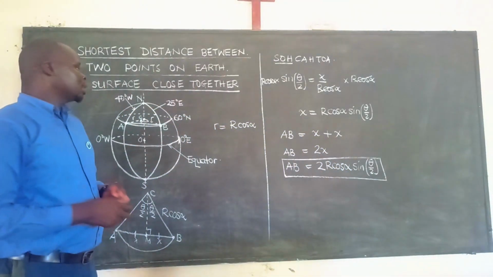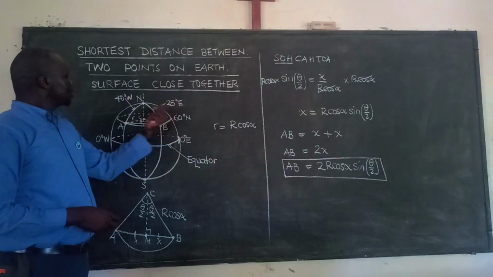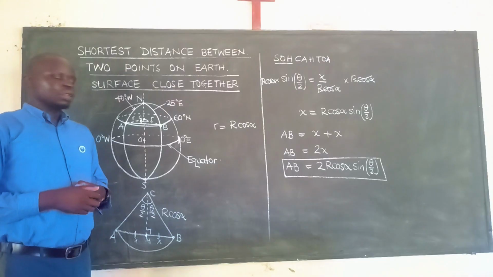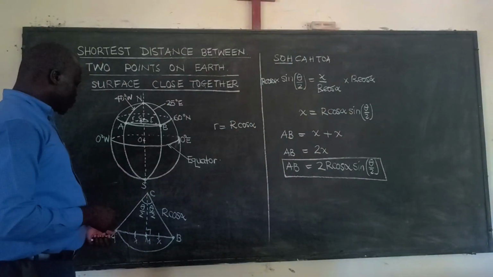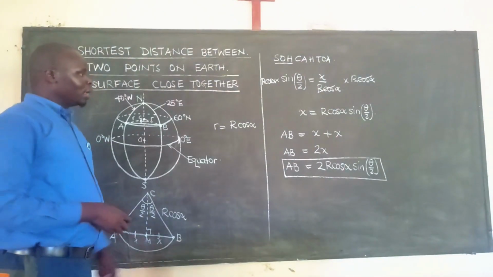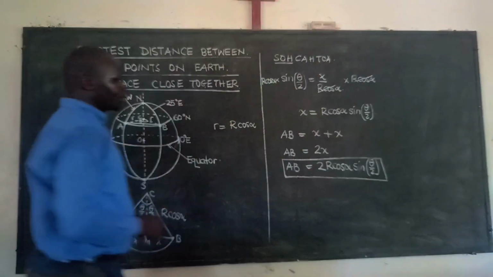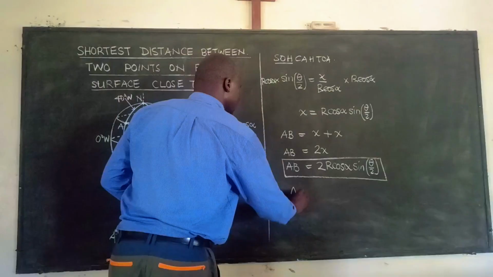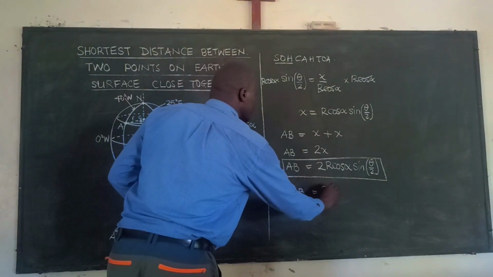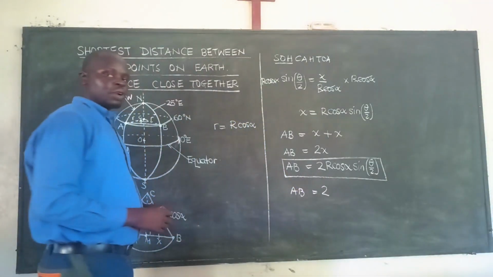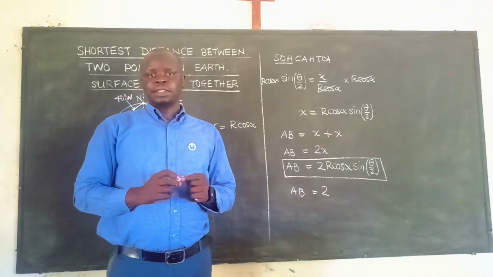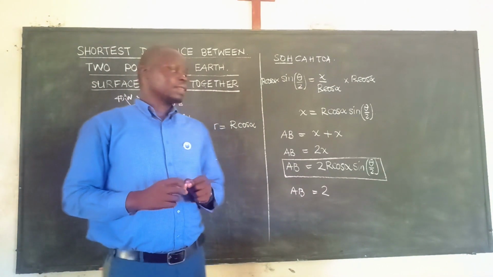And from here, we can consider our degrees given for us here to be able to get exactly the calculation of the shortest distance between A and B. Maybe we can continue from here, and we have AB as twice r, where r is the radius of the earth. For now, I'm going to use it as 6,400 kilometers.